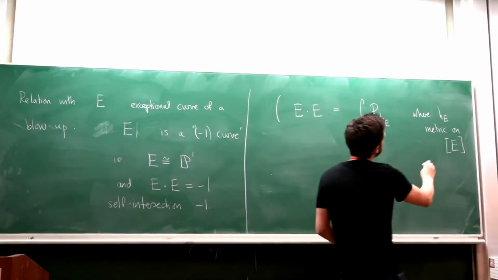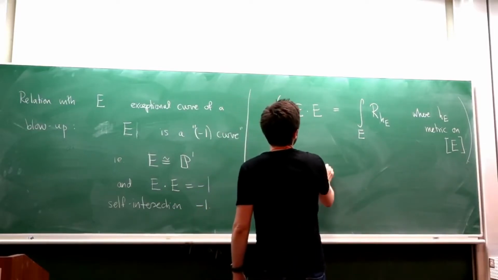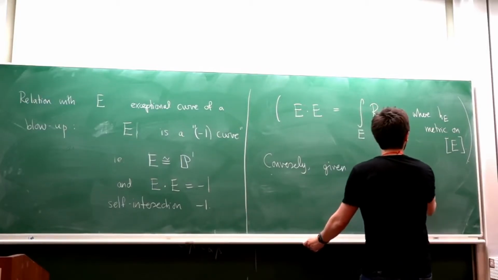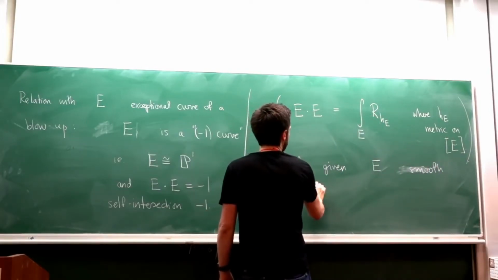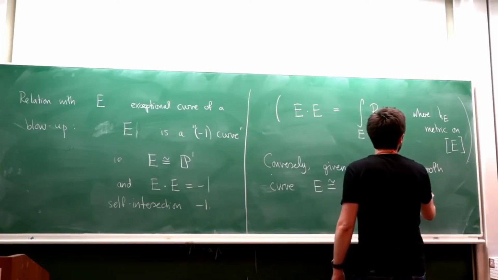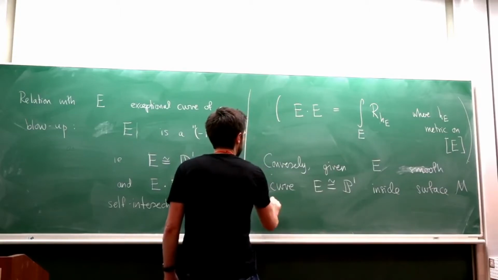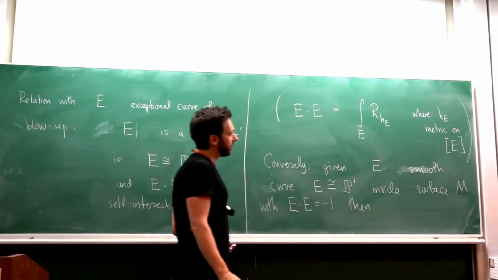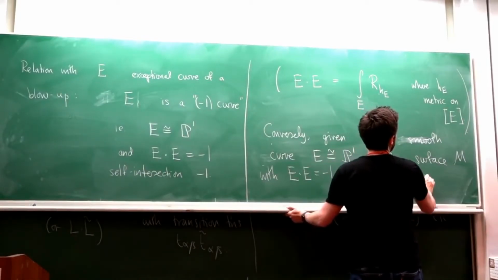But then a key point is that actually the converse is true. So conversely, if we're given E, a smooth curve, biholomorphic to P1 inside a Kähler surface M with self-intersection equal to -1, then it is the exceptional curve of a blow-up.